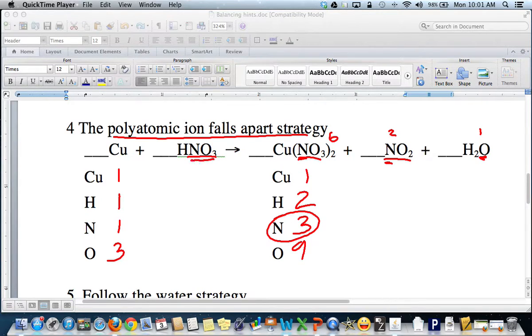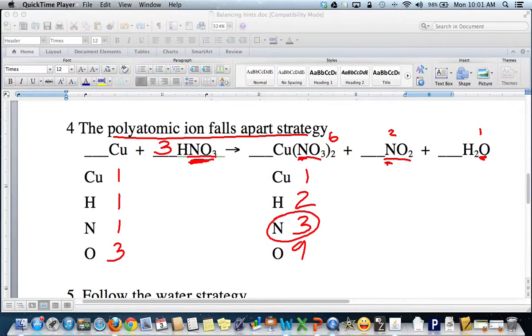How many nitrate groups did I have to get 3 N's on the other side? 3. So this might be a good starting point.